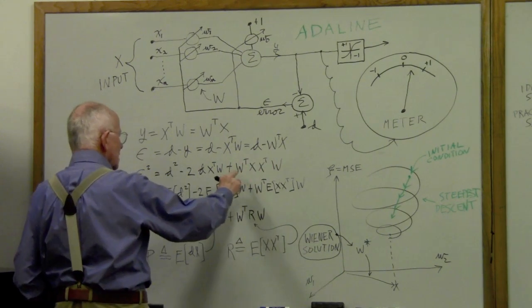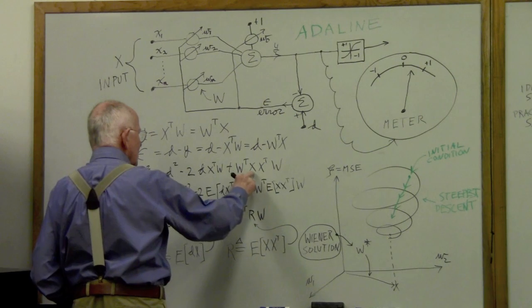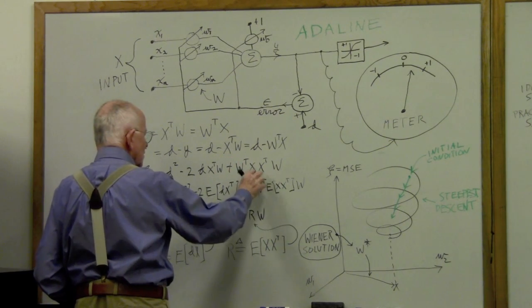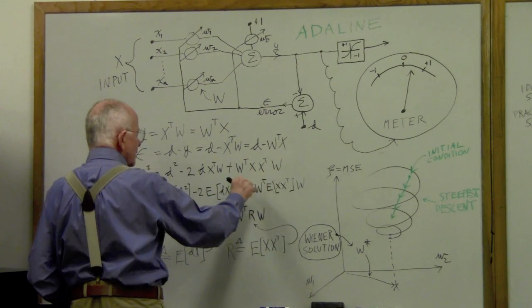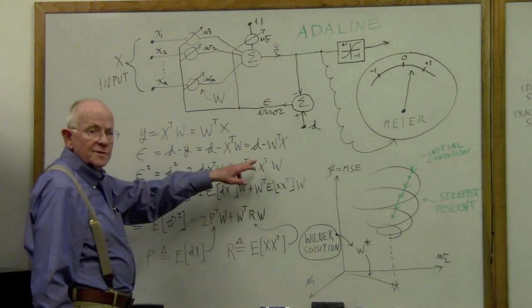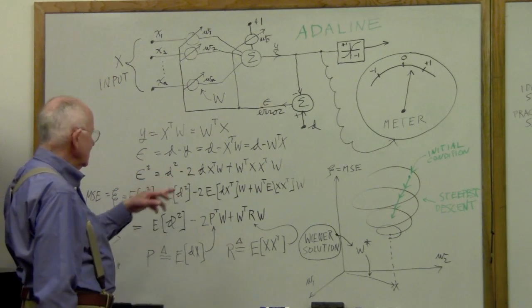And the way I wrote it was W transpose x multiplied by x transpose W. And there are many ways you can write that, but if you do it this way, there's something interesting that develops.